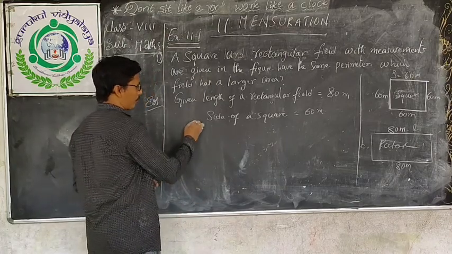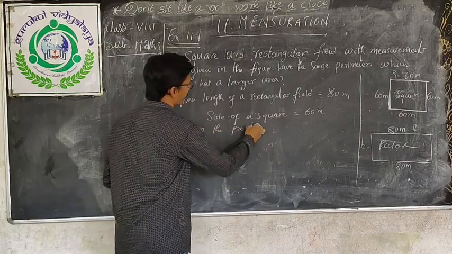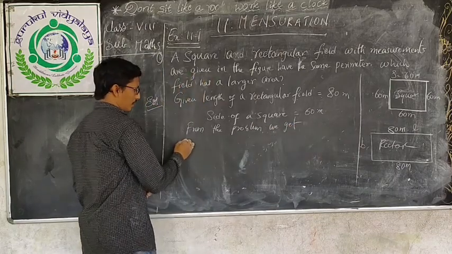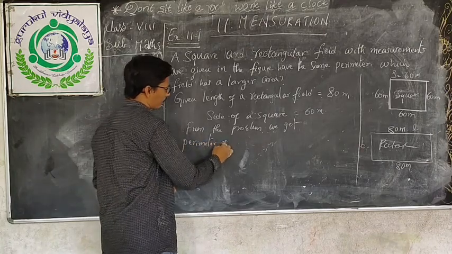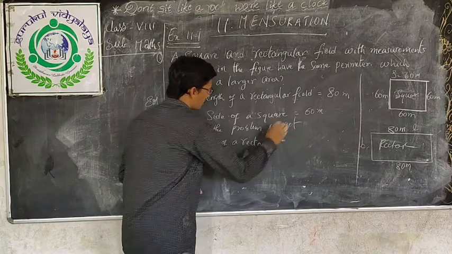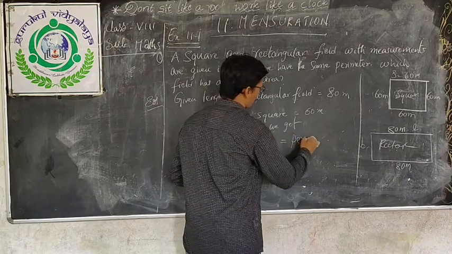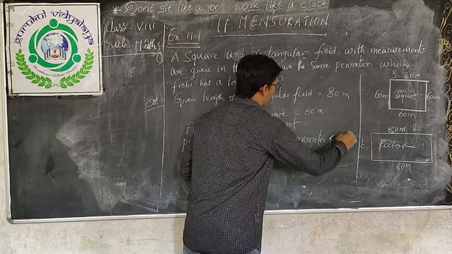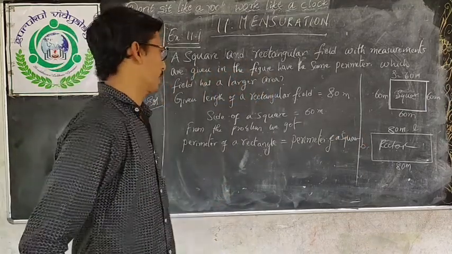So from the problem we get: perimeter of a rectangle is equal to perimeter of a square.